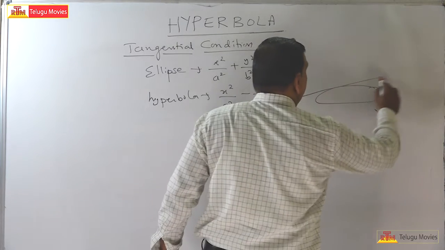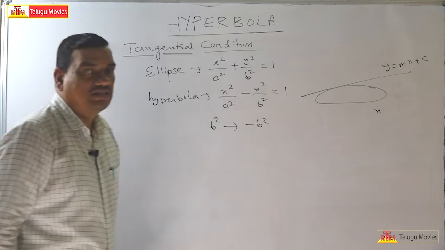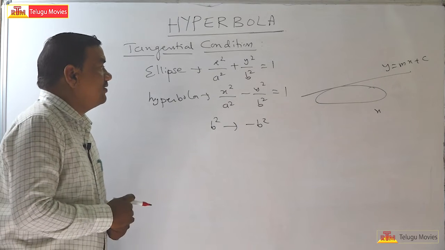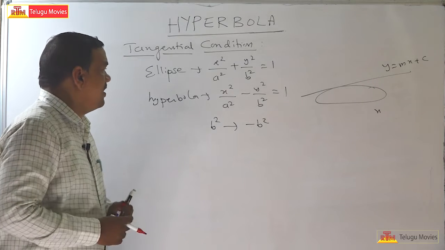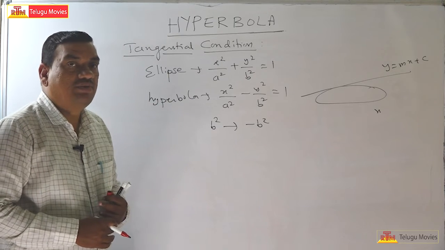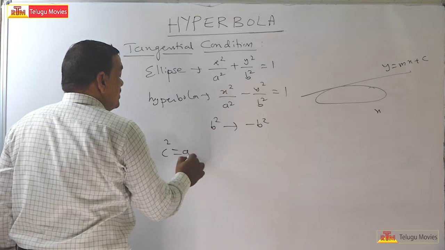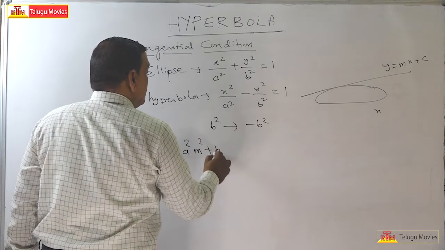If there is a line y is equal to mx plus c, a straight line which is to be the tangent to the ellipse x square by a square plus y square by b square is equal to 1, the condition of tangency is c square is equal to a square m square plus b square.